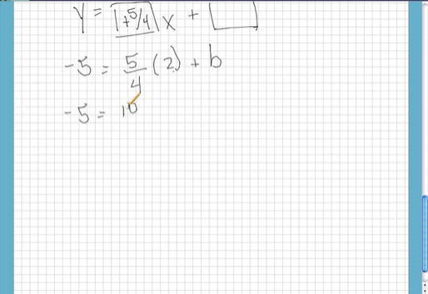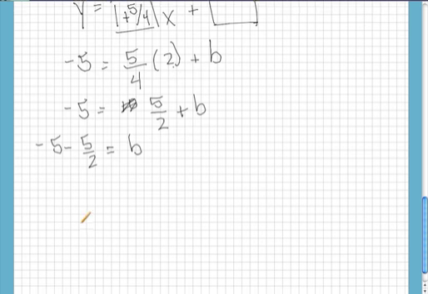This simplifies to 10/4, or you can cancel the 2 and the 4. Let's do it that way to get 5/2 plus b. Let's subtract 5/2 from both sides so we can get b by itself. So -5 minus 5/2 is equal to positive 5/2 minus 5/2, which would just be 0, so b would be by itself.